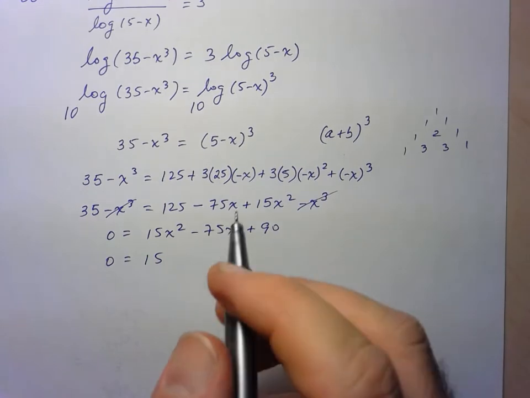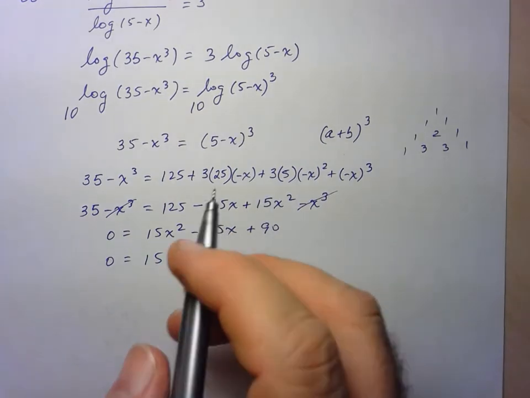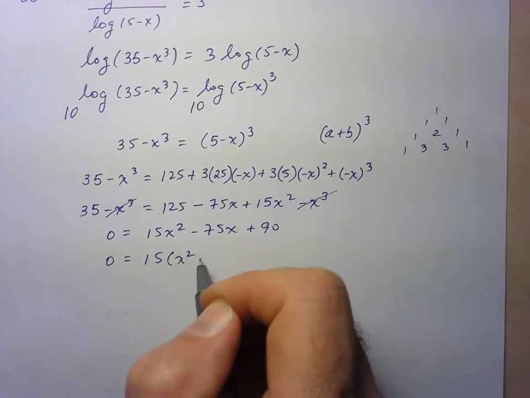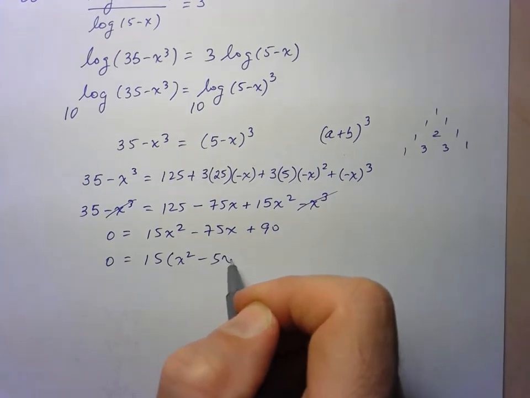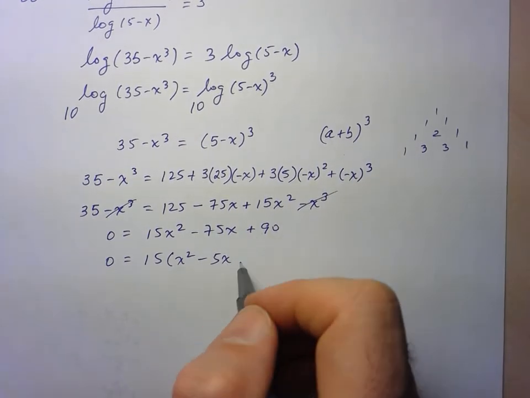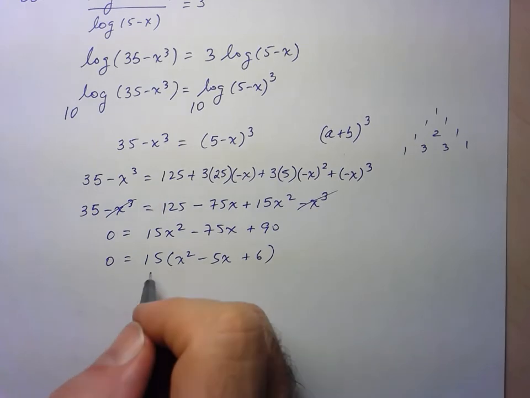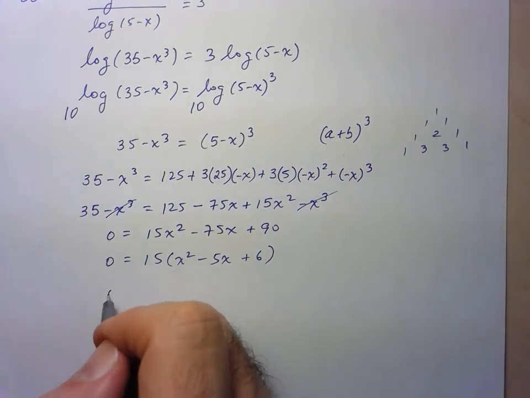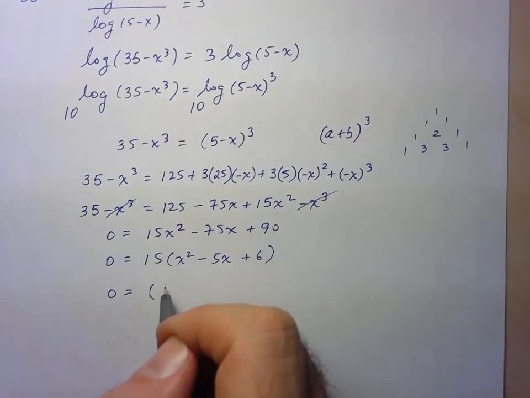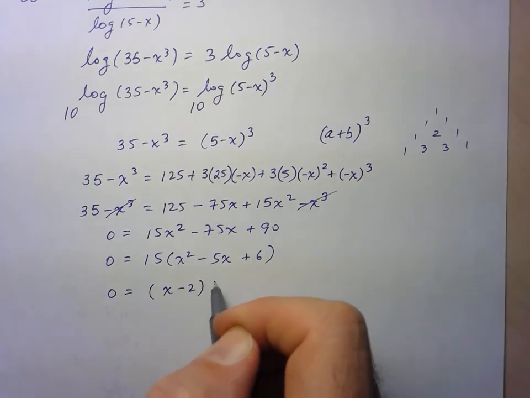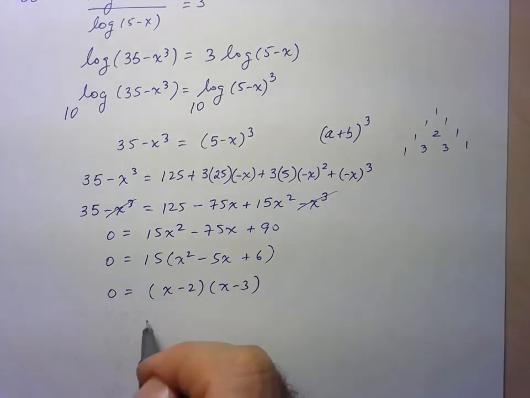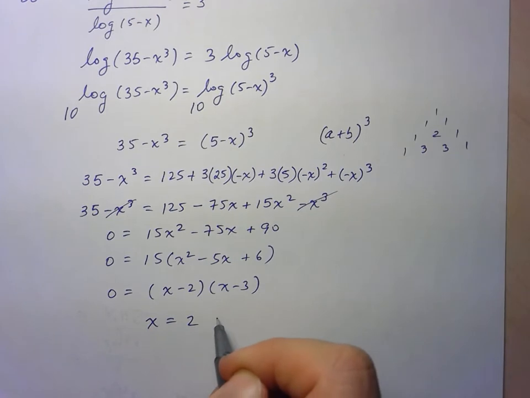So what do we have here? We've got x squared minus 5x plus 6. Divide both sides by 15, just get it out of the way. Here we're just left with x minus 2, x minus 3, and so x can equal either 2 or 3.